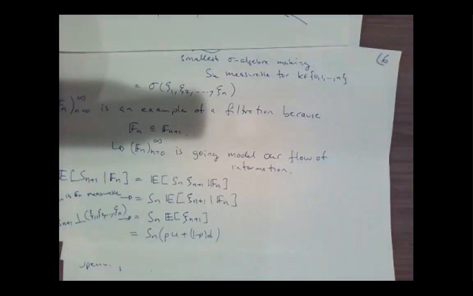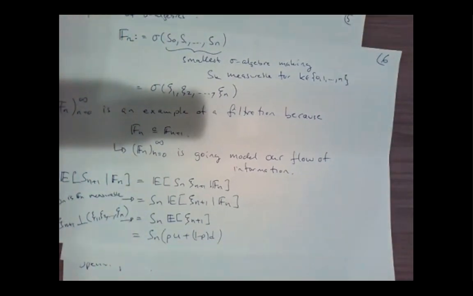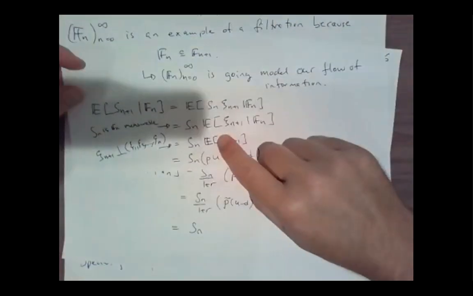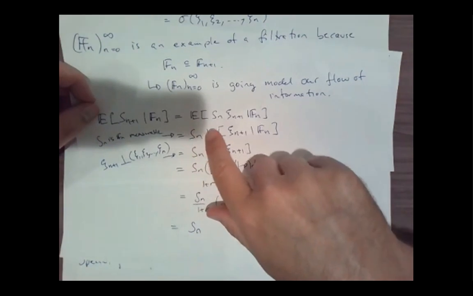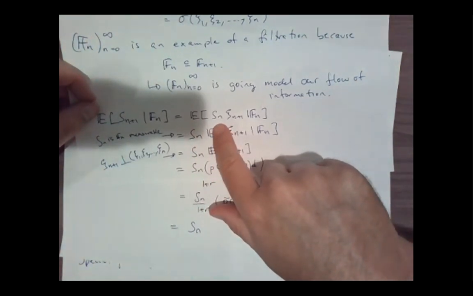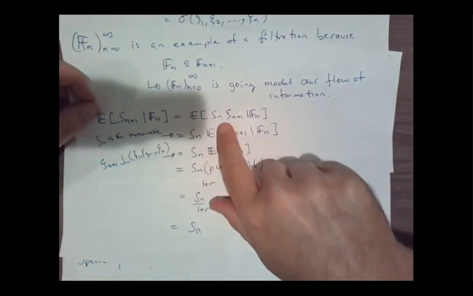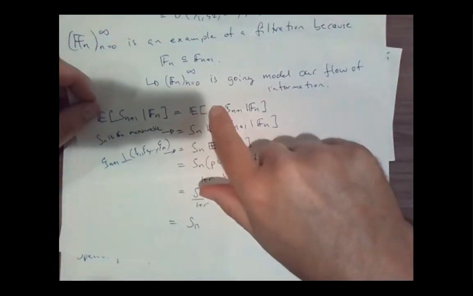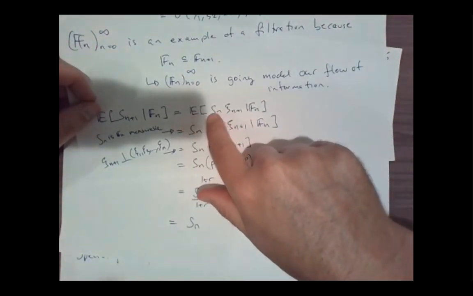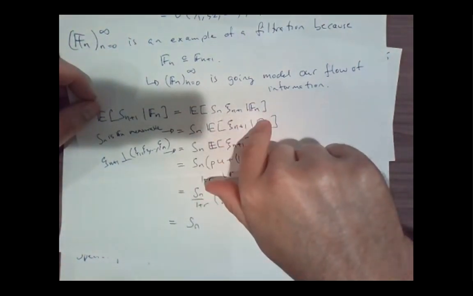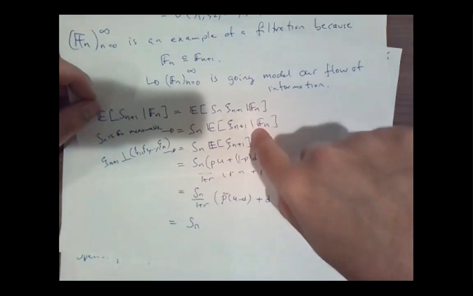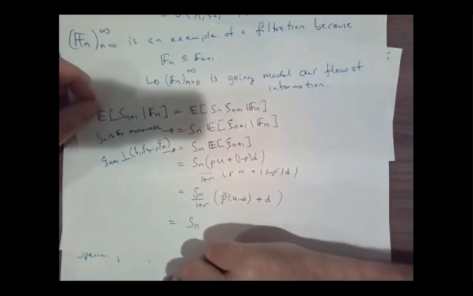Okay, so what we're doing here is we're using properties of the general conditional expectation that we've been working with. One of the properties that we talked about last time is that if you have a product, you can pull out what's measurable. If you have something that is independent, then you can drop the conditional expectation and so on. Okay, thank you.